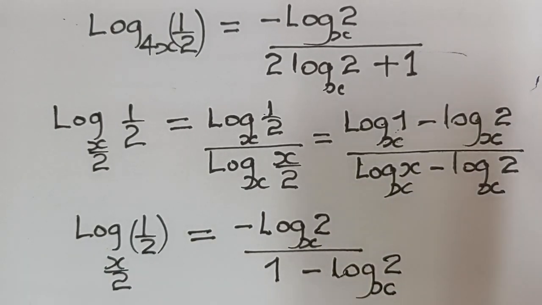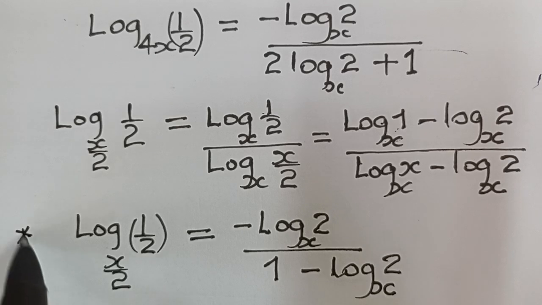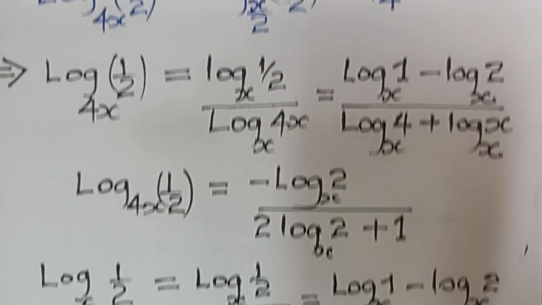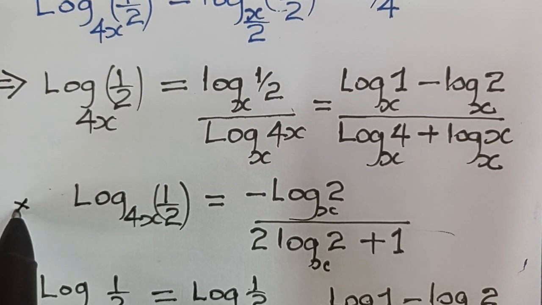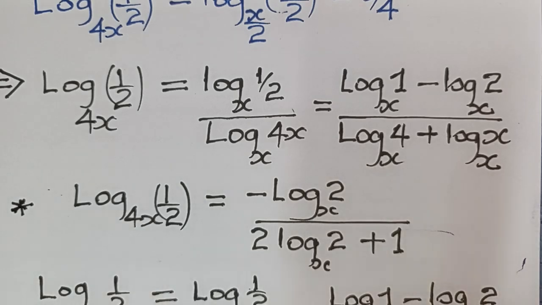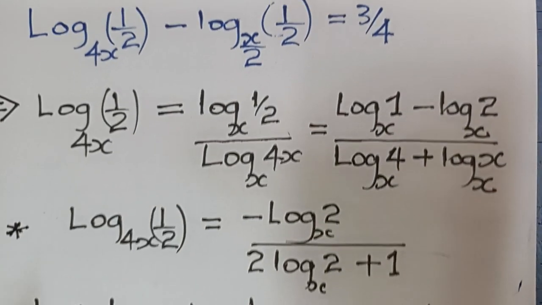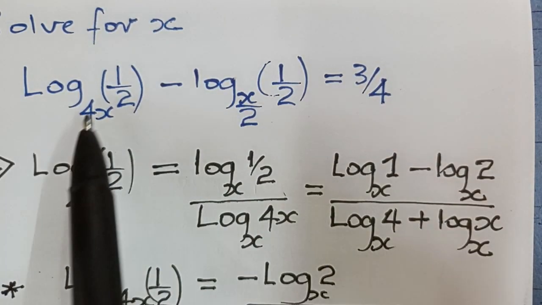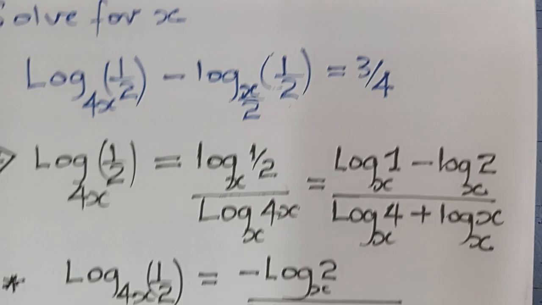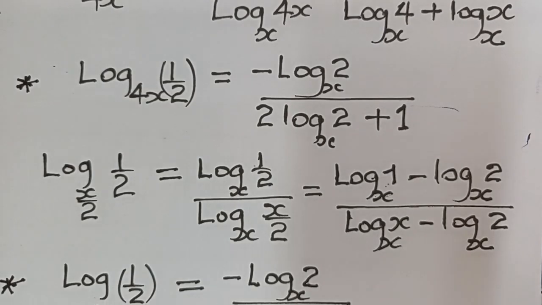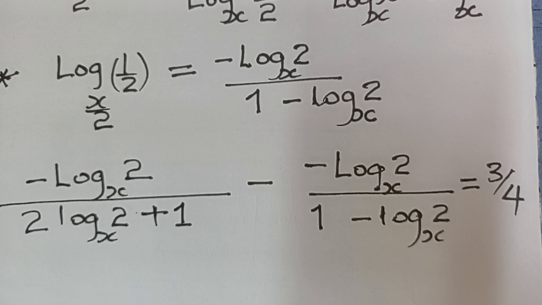Guys, now we have these two terms. We have that term and also we have that term. Now we go ahead and subtract this term from this according to our equation right here, and we get 3/4.